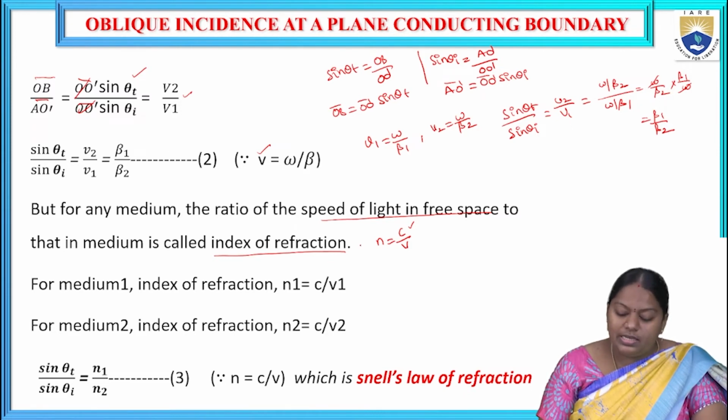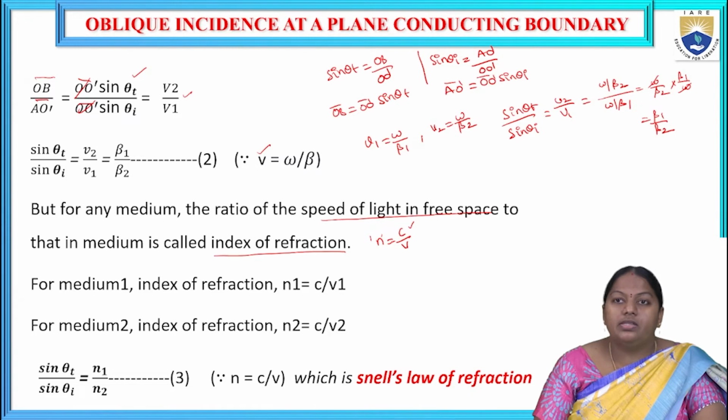Mathematically, n is equal to C by V. In general we write n equal to C by V, but for the respective mediums, medium 1 and medium 2, why? Because we are analyzing oblique incidence at a plane dielectric boundary, which means two media are considered.